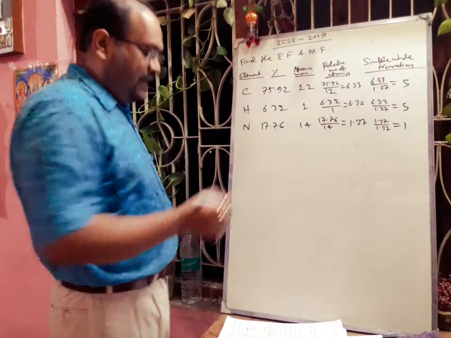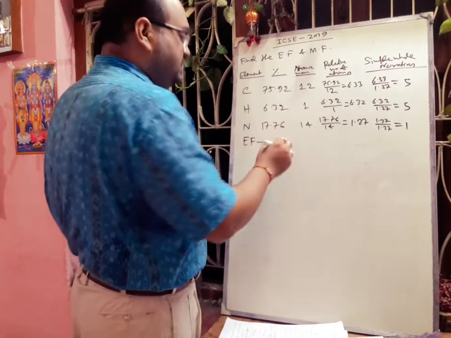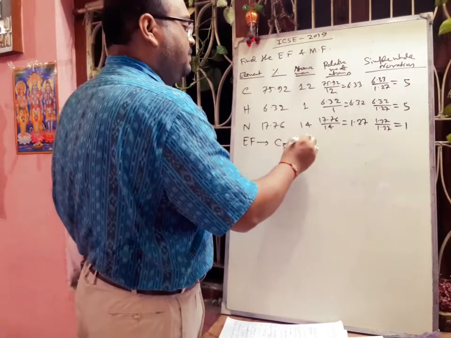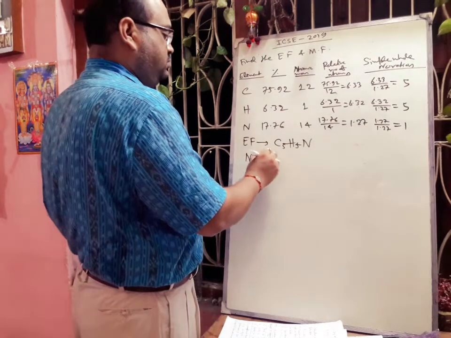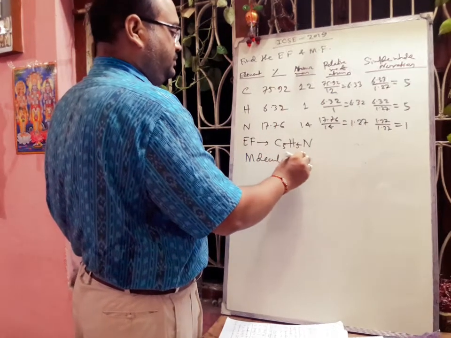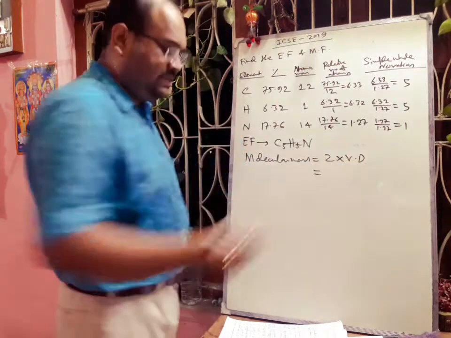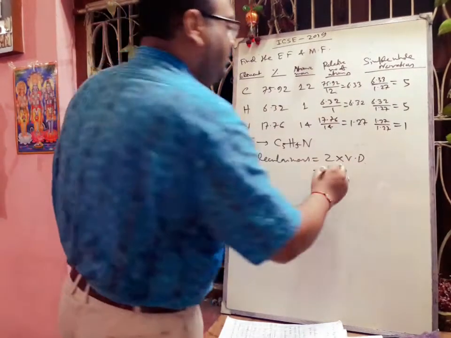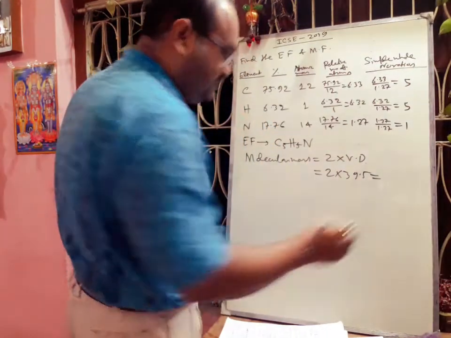So from here we can write the empirical formula of this compound will be C5H5N. Now molecular mass is 2 into vapor density. Here vapor density is supplied, that is 39.5. So 2 into 39.5, if you calculate it, you will get 79.